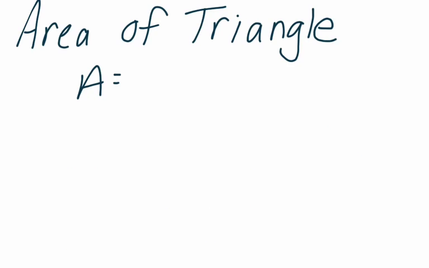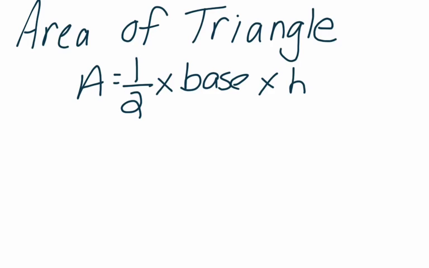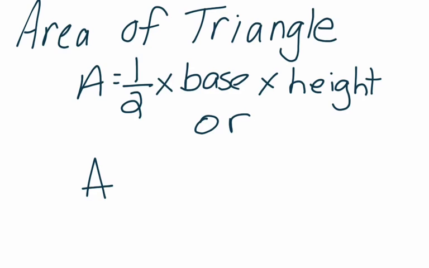Okay, we're going to move into area of a triangle. We're just going to be looking at the triangle part of the shape. So if we wanted to find the area for a triangle, area is going to equal 1/2 times the base times the height, or you can write it like this.